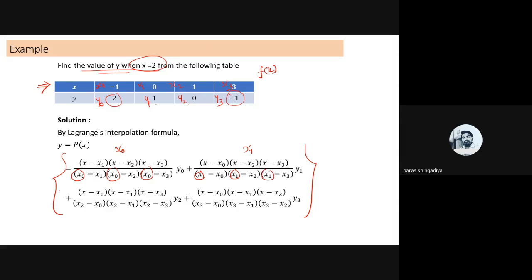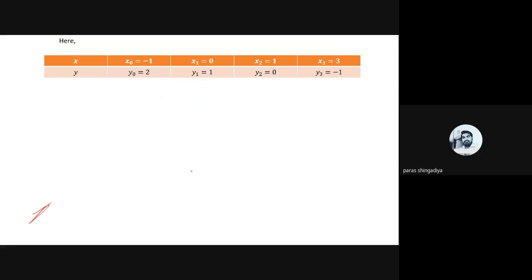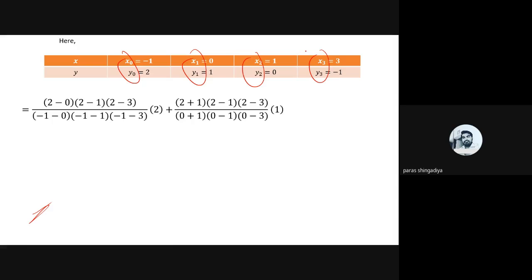Okay, then it is for x2, so skip x2 in the numerator and use x2 in the denominator. Okay, and it is for x3, so skip x3 and subtract all the remaining from this x, and now in place of x replace x3 in the denominator, into the y3. And then in the next step, you can mention this notation if it is required. Okay, otherwise you can directly replace the suitable values in this formula.